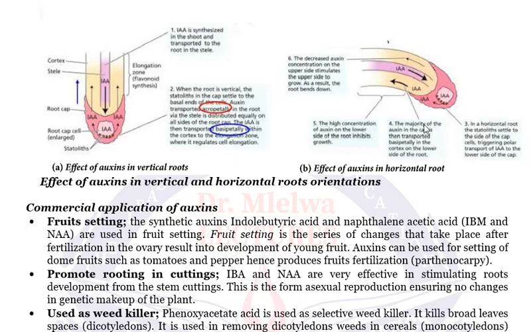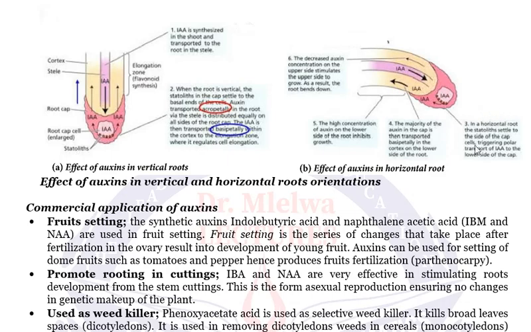So the majority of auxin in the cap is then transported basipetally in the cortex on the lower side of the root. And as we said, this is probably related to gravity, because auxin molecules are indole acetic acid, and even if they have low mass, they can be attracted by gravity. So gravity pulls more auxin to this lower side.